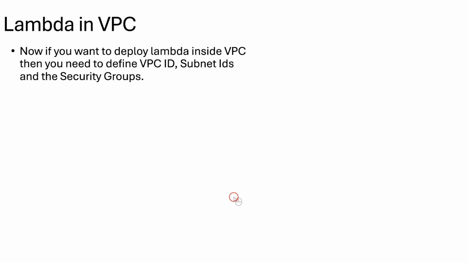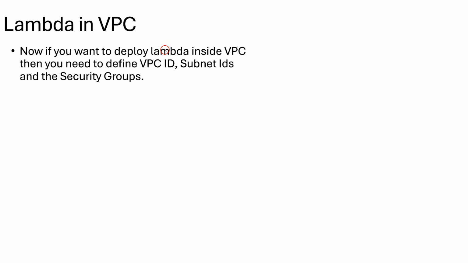Now, if you want to deploy Lambda inside the VPC, since you want to access those resources inside the VPC, you need to define the VPC ID, subnet IDs, and security groups. So where do you define them?